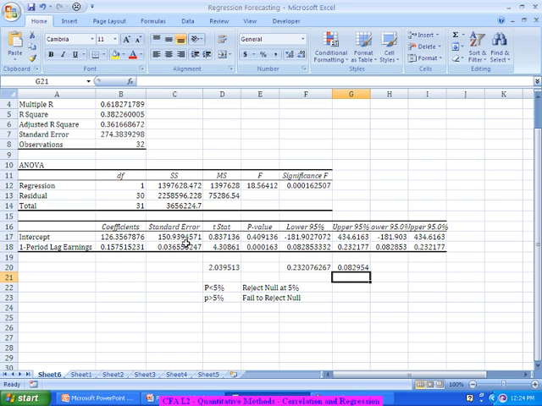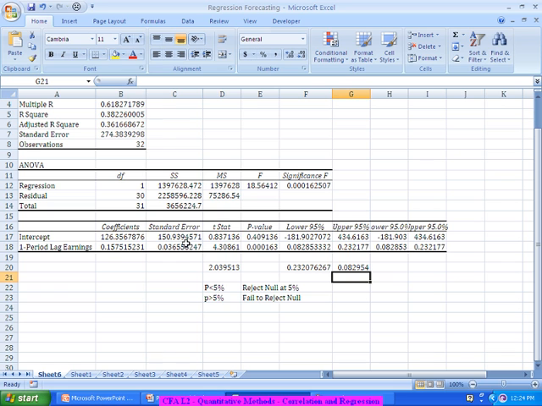If the lower limit is negative and the upper limit is positive, then 0 is also a part of that range. Then I will say the variable is not significant. So I will go with the null hypothesis there.